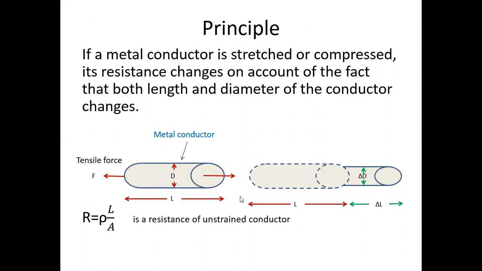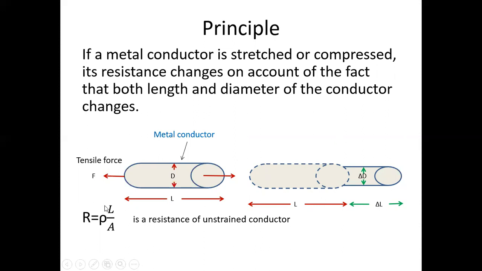Means if the conductor is stretched or compressed, its resistance changes because both the length and diameter change. If it is stretched, the length changes, that is delta L, and the diameter also changes, that is delta D.